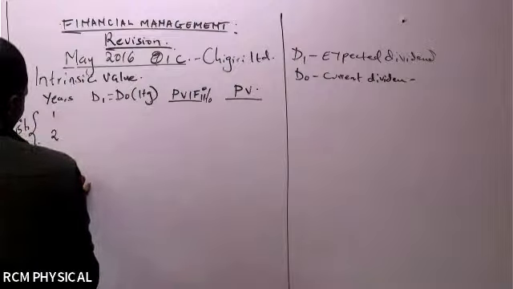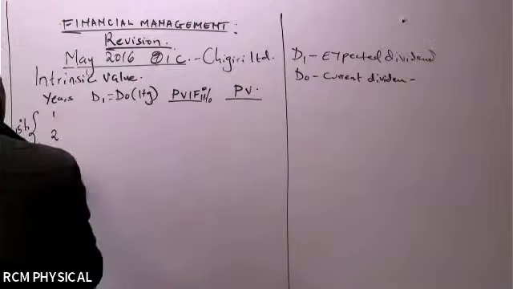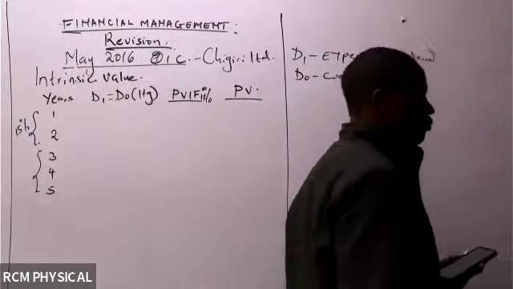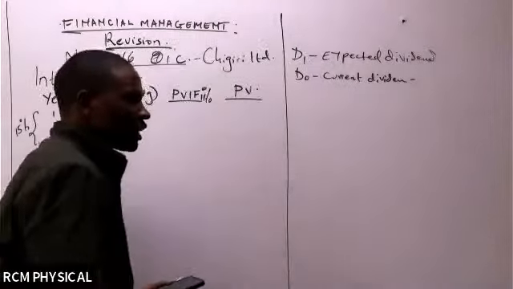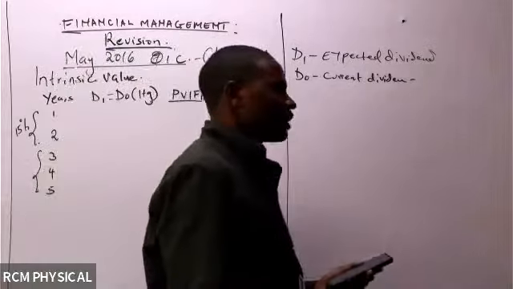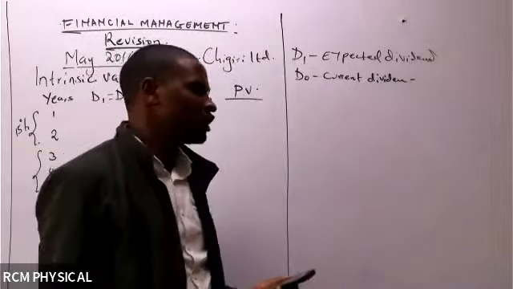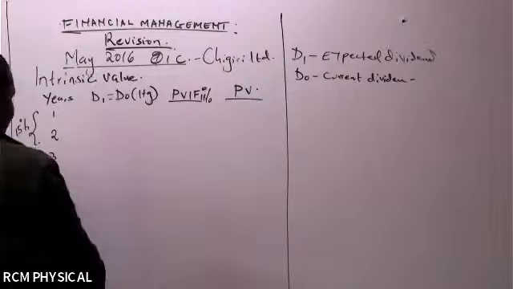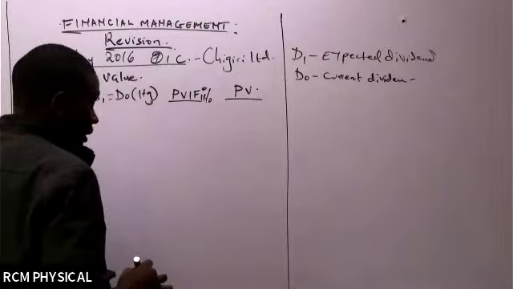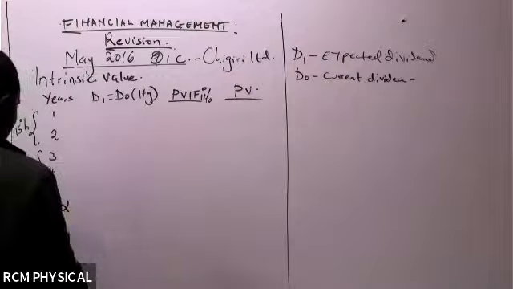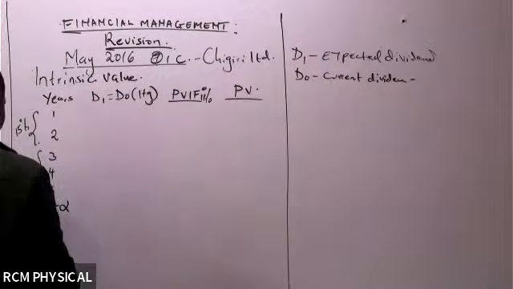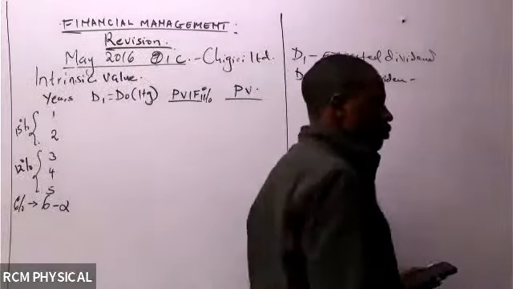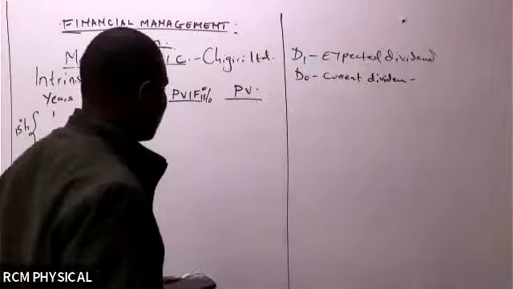For years 3, 4 and 5, the dividend is growing at a rate of 12%. Then I have year 6 to infinity, which will grow at a rate of 6%. It's always good to indicate it that way.